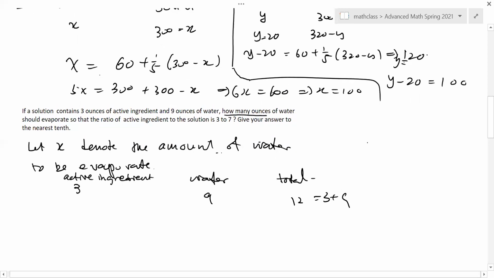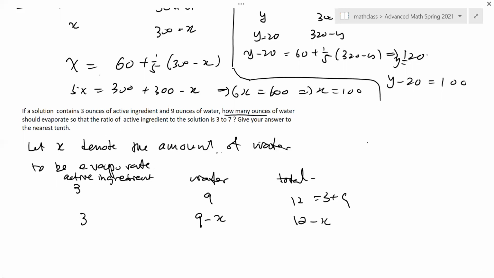So now we want to evaporate the water. The active ingredient is still 3 ounces. The water is 9 minus X, because a portion of water is gone. And the solution will also decrease by X ounces because some water evaporated.